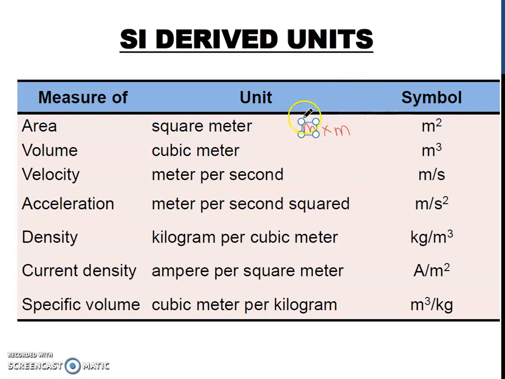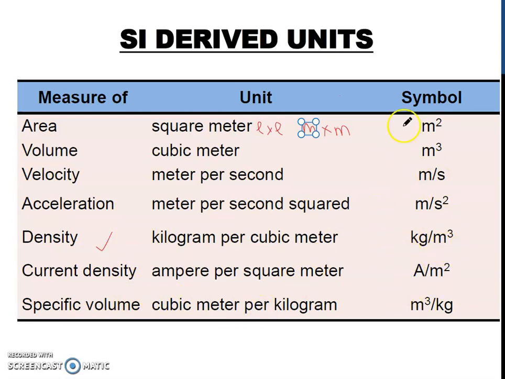Meter times meter maksud dia length times length lah. So you will get the area, with the symbol meter square. And then volume, also important, meter cubic or cubic meter. Then you have velocity, which is important in physics, I think, meter per second. And then acceleration, density. Take a look at these symbols.